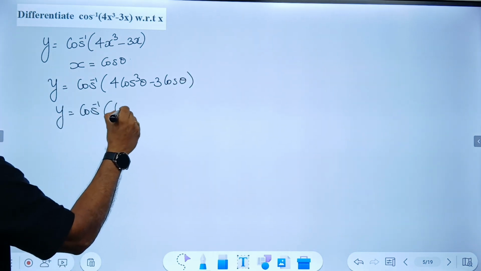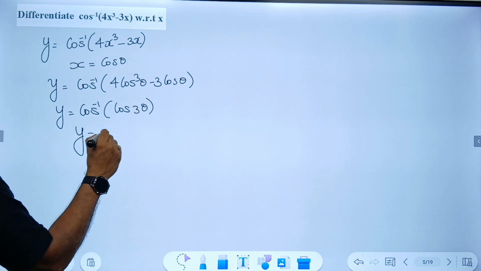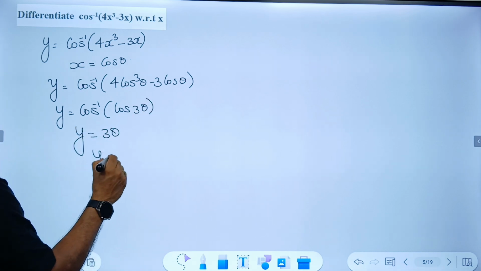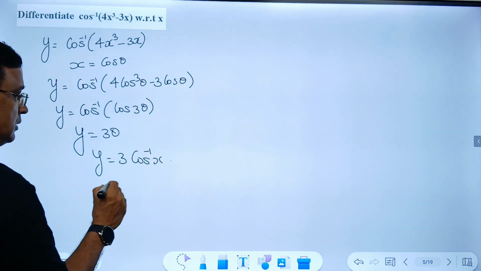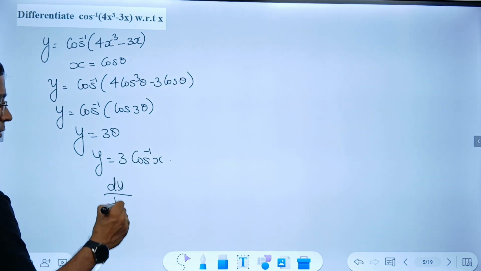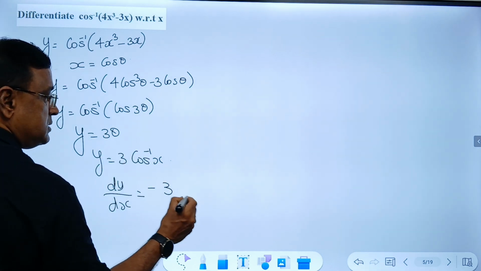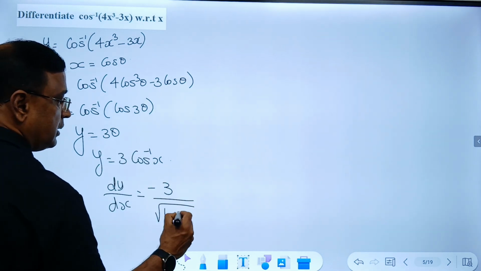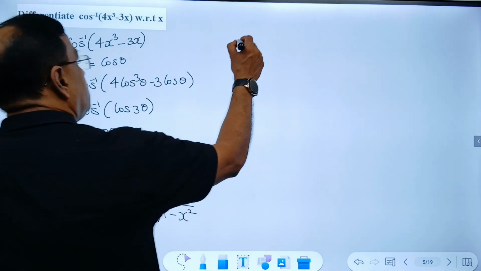Cos inverse of cos 3 theta. You know cos inverse of cos 3 theta is 3 theta. And what is theta? Cos inverse of x. Now what is dy by dx? 3. What is the relation of cos inverse? Minus 1 by root of 1 minus x square. Simple.